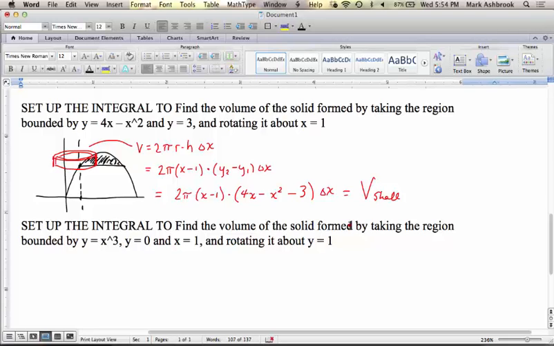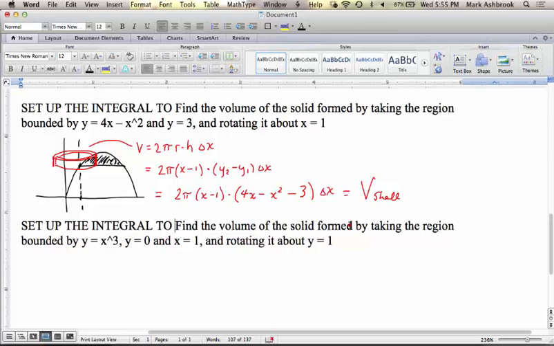Radius is going to be from the center of rotation to what? The y value of the shell going in towards the center, right? So then that must be 1 minus y.